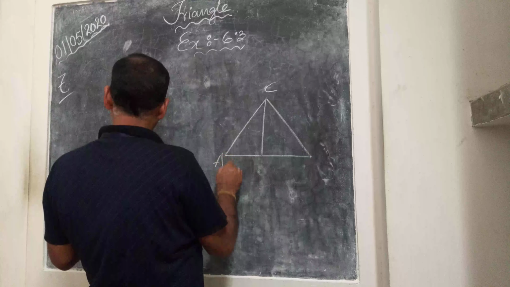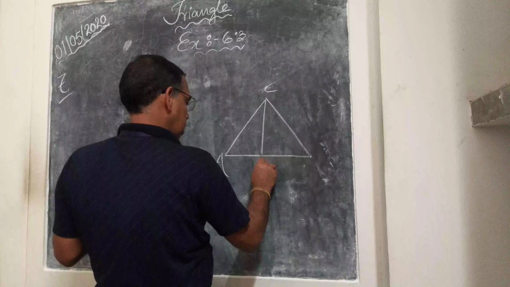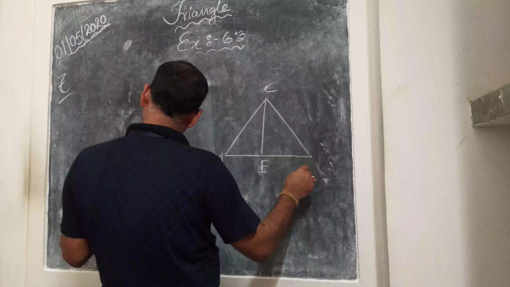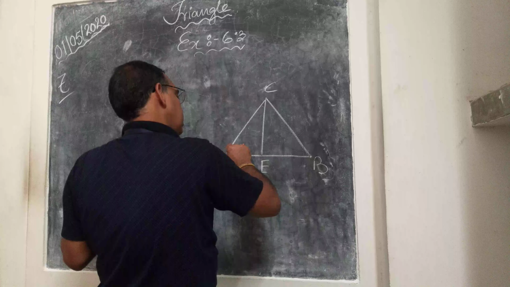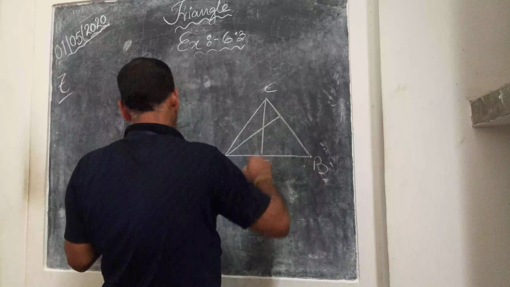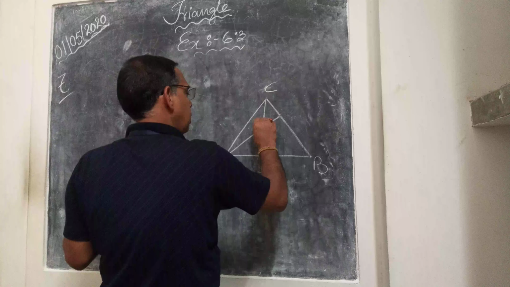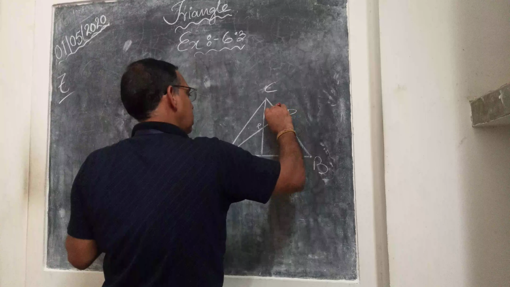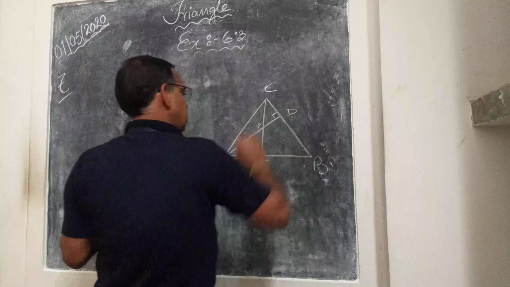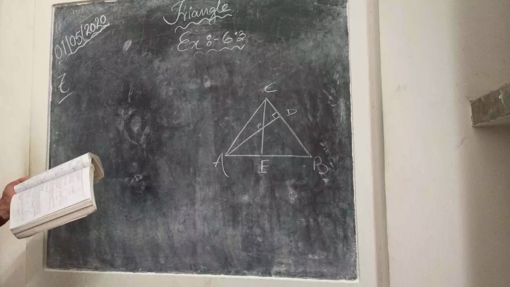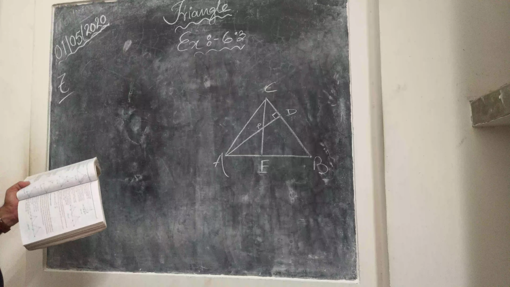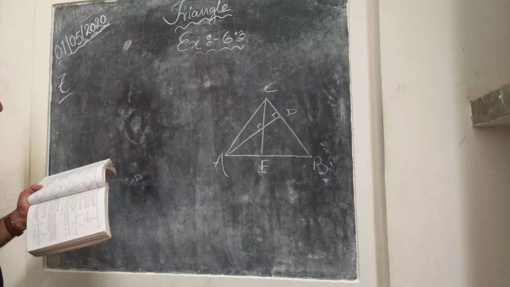C, A, E, B, and then it is P and it is D. This is figure number 6.38.